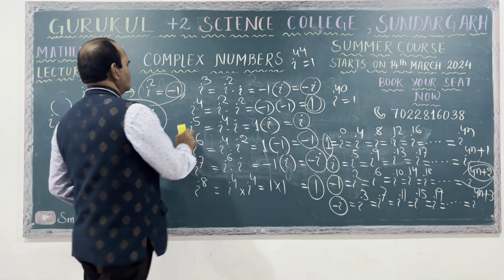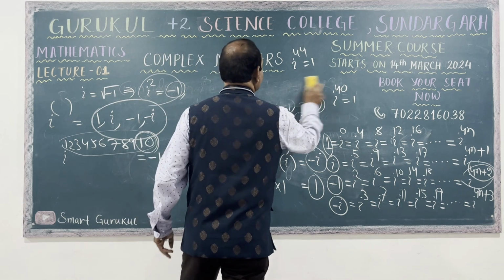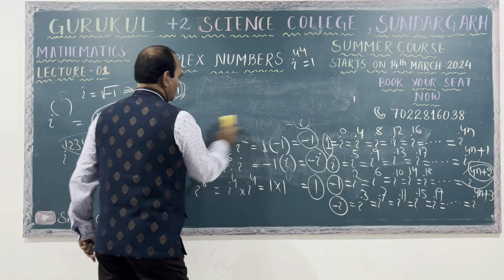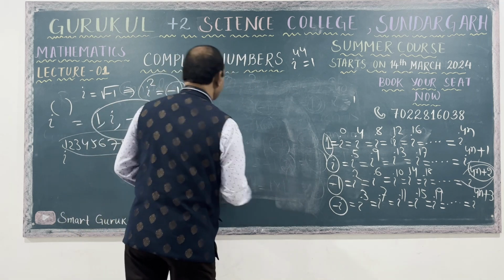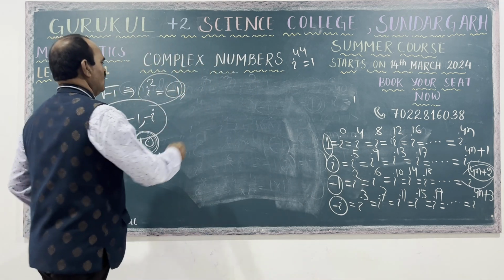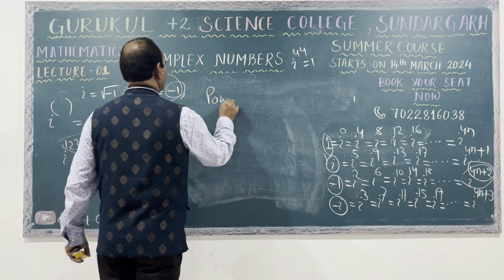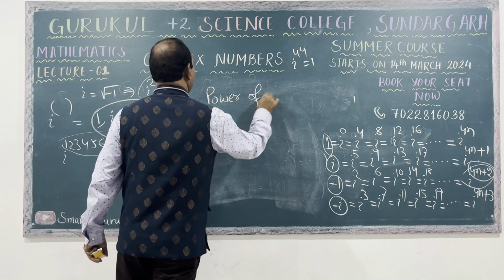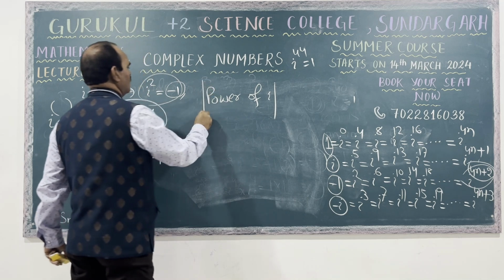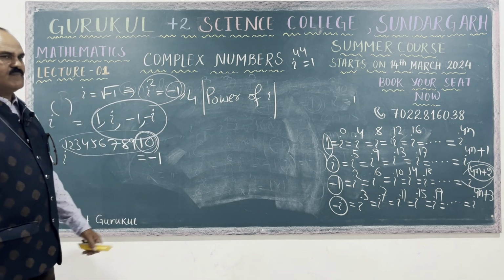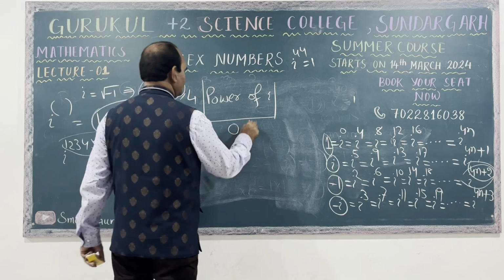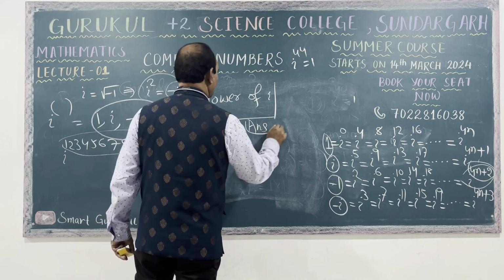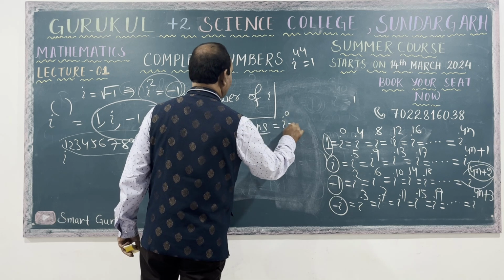So generally, to find the power of i, you have to divide the power of i by 4. If the remainder is 0, then the answer is i power 0, meaning 1.